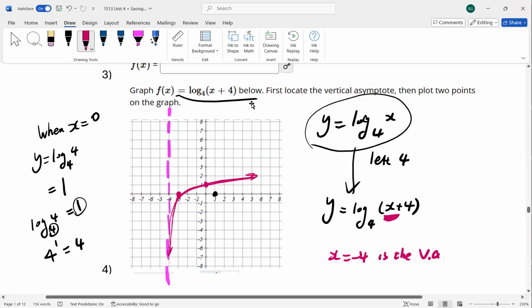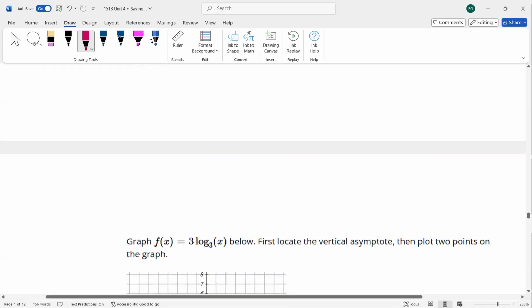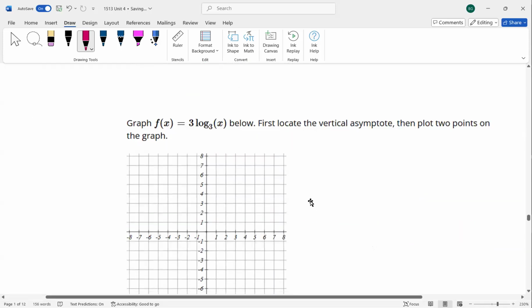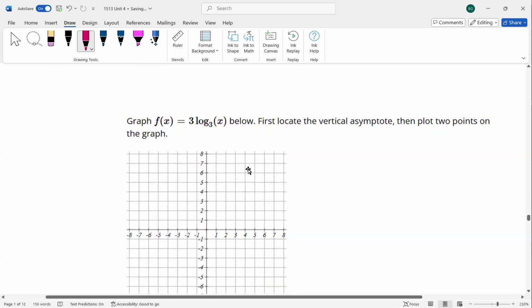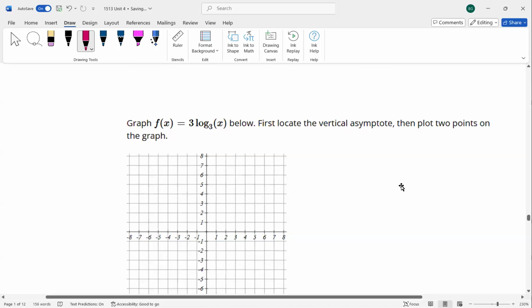You can use your graphing calculator to help you see that. You can graph the mother function and shift it to the left 4 units. It should look the same as the red curve. Next one is also to graph. This one, the mother function is log with base 3 of x.